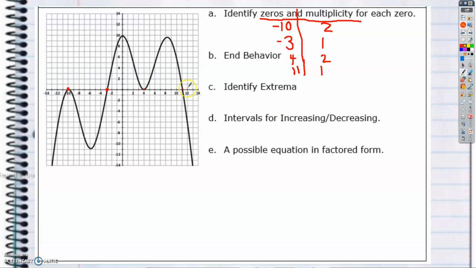So let's now look at end behavior. What are my arrows doing at the end? So on the left side, my arrow is facing down.